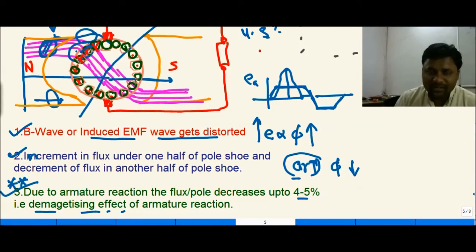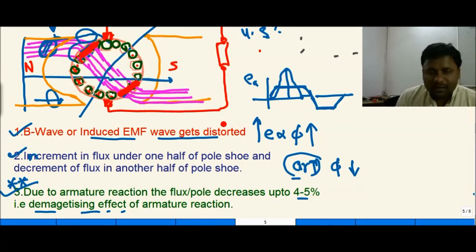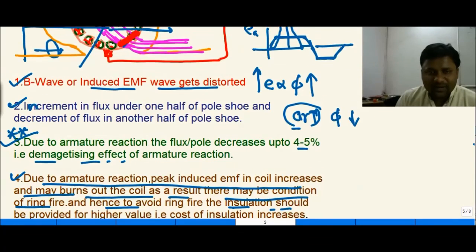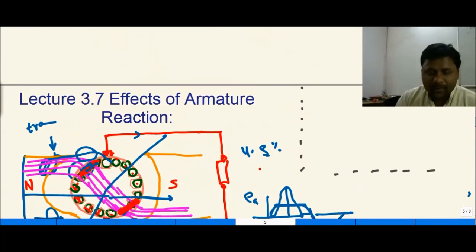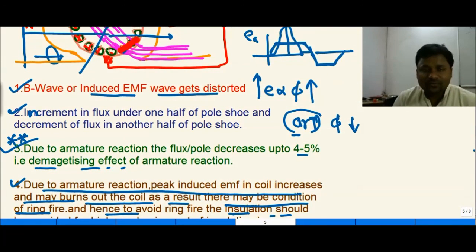Maximum flux passes through this conductor and this conductor, so there will be a huge, peaky induced EMF in these conductors. That will damage them, or there can be a condition of ring fire. To avoid this, we have to provide higher insulation, so the cost also increases. These are the effects of the armature reaction that we keep in mind. In the next class we will discuss the methods to remove the armature reaction.